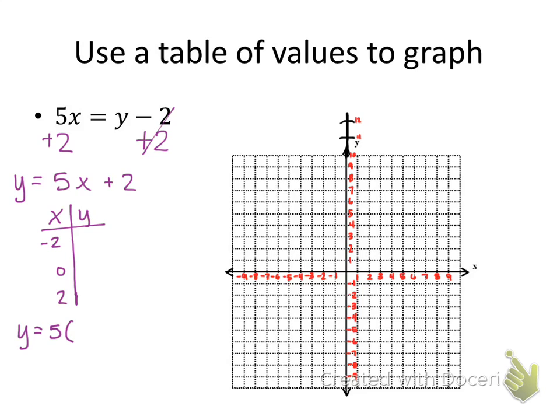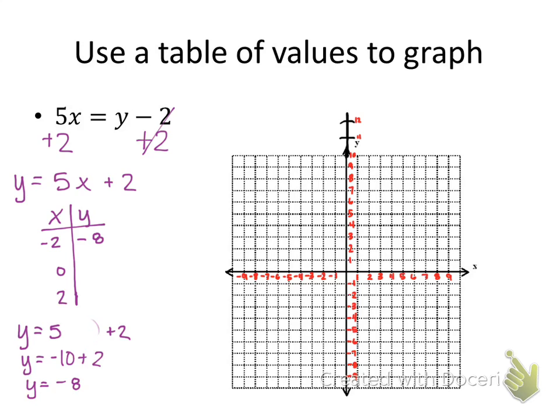Y equals 5 times negative 2 plus 2, because remember we moved it over, okay? Once I plug that in, what do I get after I solve my first step? You get -10 plus 2. Very good. And what is my first answer? -8. Very good.